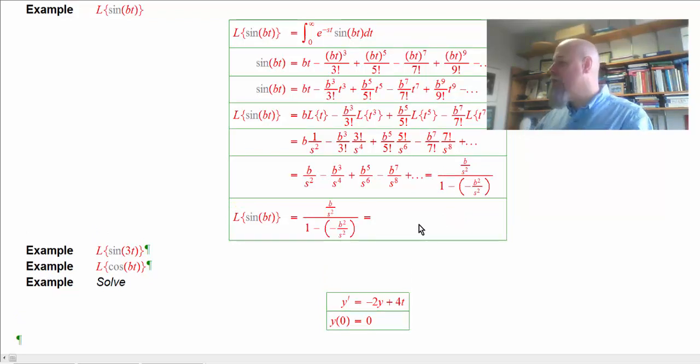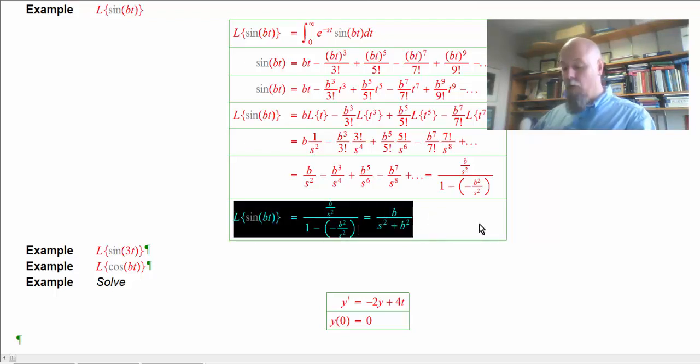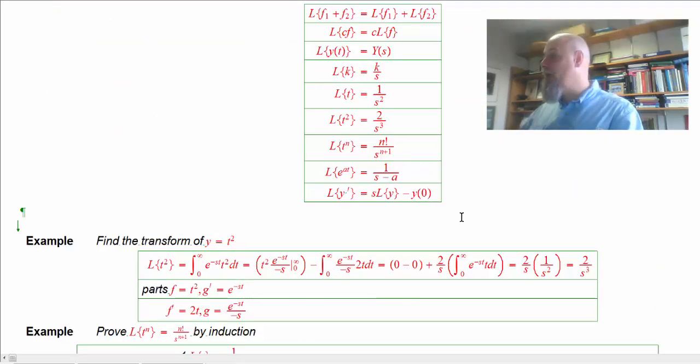Well, we can clean that up. Let's multiply top and bottom by s squared. So there'll be a b on top, and s squared plus b squared on the bottom. So there's our Laplace transform of sine bt, and we didn't do any integration. That's a nice thing.